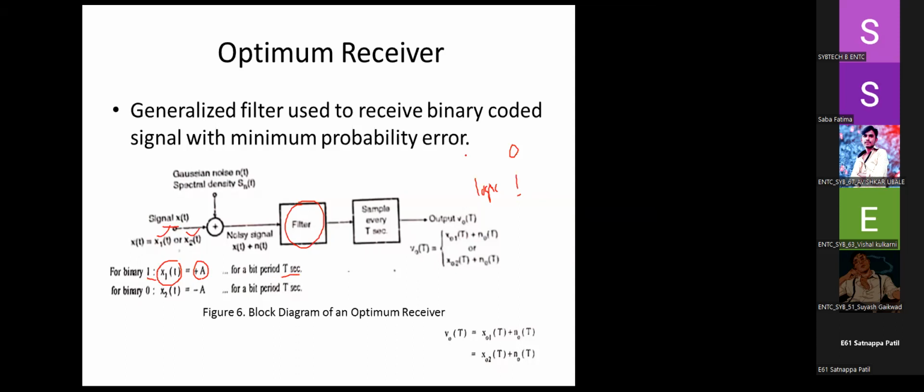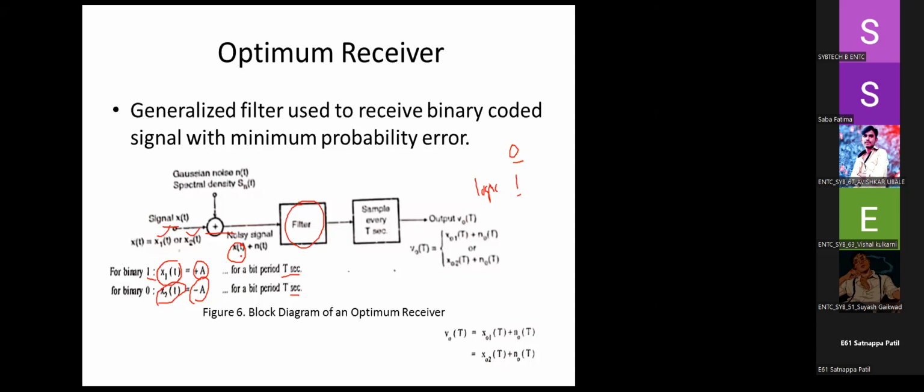Say if the binary information is 0, at that time you are passing a signal x2 of t, having an amplitude of minus a, again for a bit period T. So x of t will be equal to x1 of t plus n of t if we have logic 1, and x2 of t plus n of t if we have 0 being transferred.